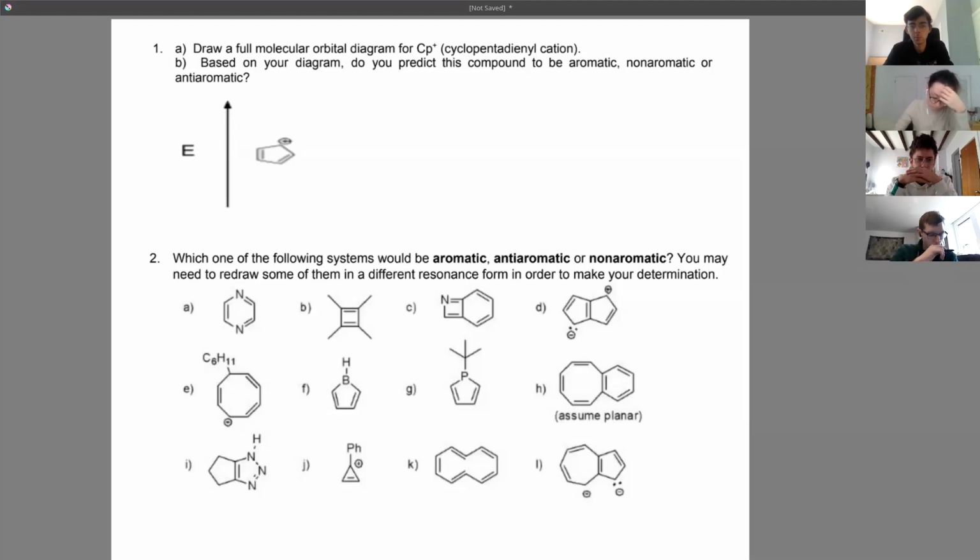And would J be non or would it be anti? I said aromatic. That's what I said as well, because it reminded me of something from the homework, and I think that one was aromatic. It's the same thing where the positive charged carbon can be sp2 to participate in the resonance, and then it's 2 minus 2 is 0, which gives 0 counts for Huckel's rule.